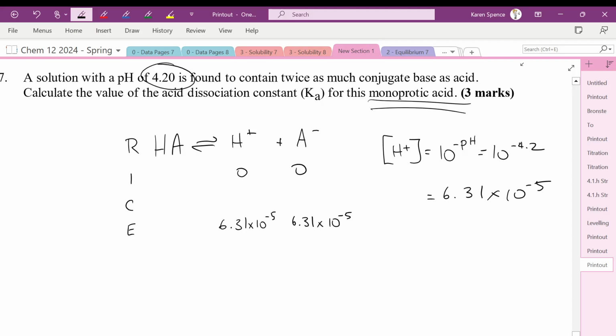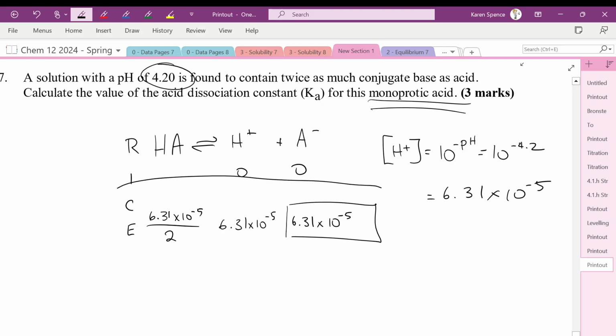And now you might say, hang on a second, Miss Spence, we don't have an initial concentration, but we know that we have twice as much base as acid. So how much acid do we have? 6.31 times 10 to the minus 5 divided by 2. And now you have your equilibrium concentrations.